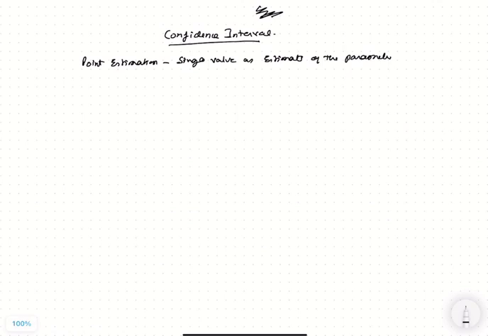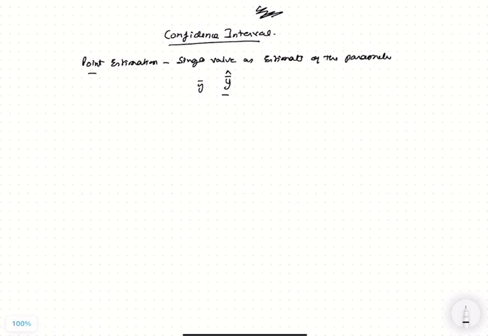For example, we get a y bar and we say that's an estimate of the parameter capital Y hat. So that's an estimator, but that's one value. So that's a point estimation.